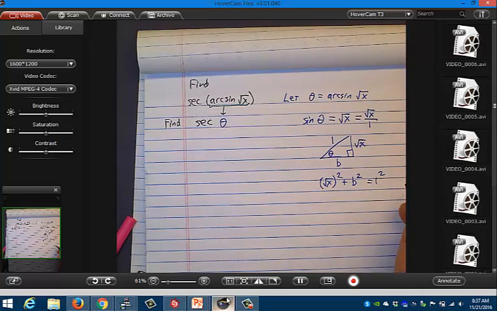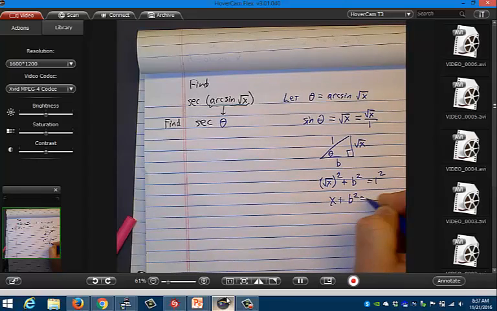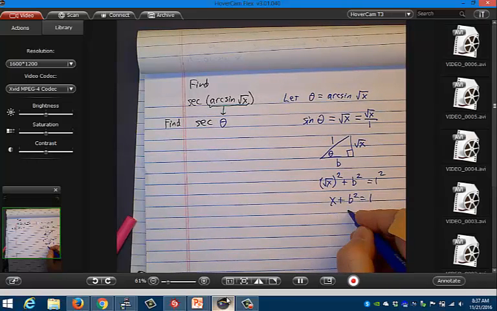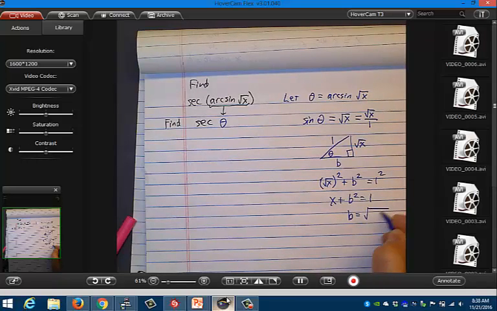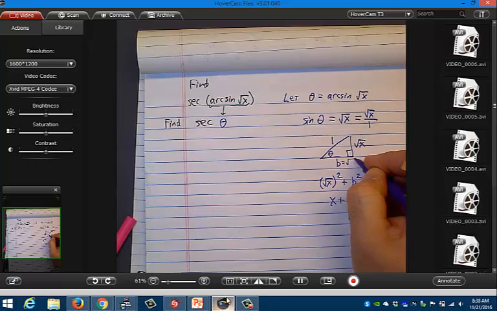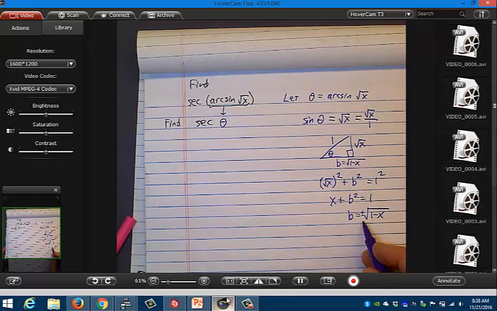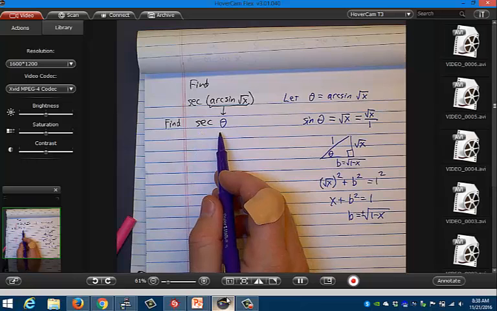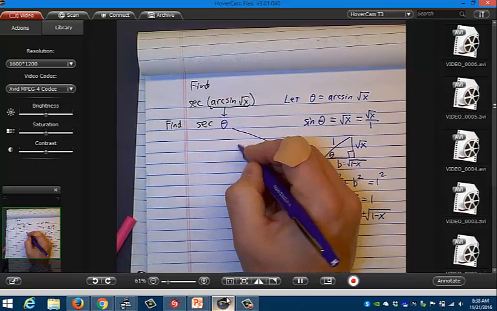That's the Pythagorean theorem. So I get x plus b squared is 1, and so b is equal to the square root of 1 minus x. I mean, to be accurate, it's plus or minus that, right? Well, for now, let me just write square root of 1 minus x, and I'll keep the plus or minus in mind. And I'll show you exactly what I'm talking about in a second. But basically what I have to do now is find the secant of theta, right? Well, to do that, look at the picture.